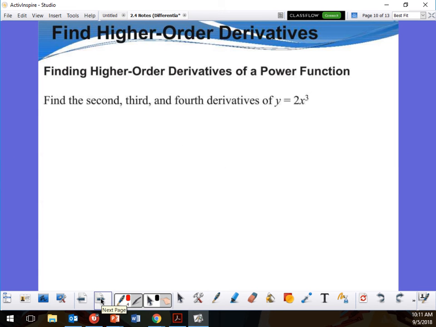Second, third, fourth derivative. So, y prime. What's y prime? 6x. y double prime, 12x, the jerk.